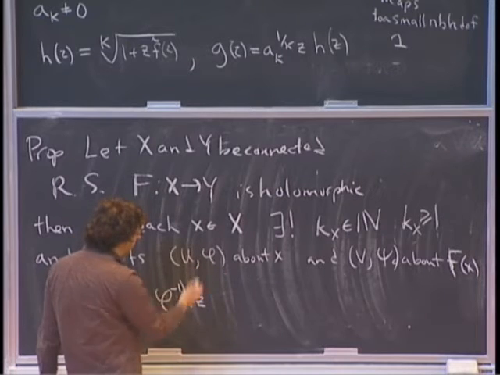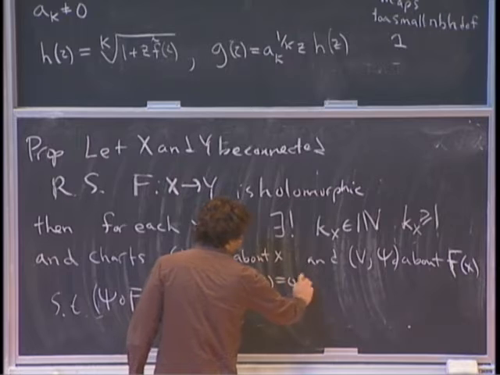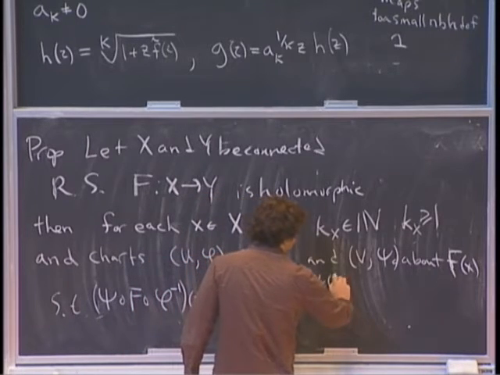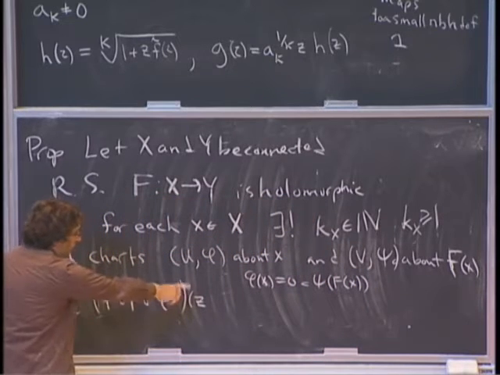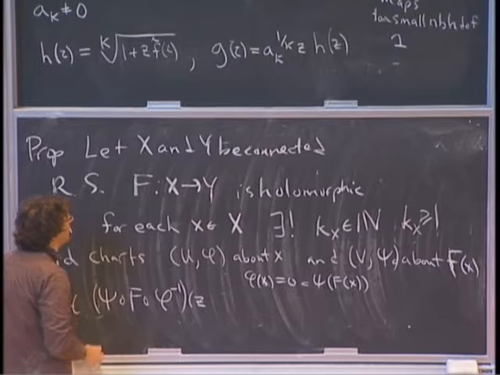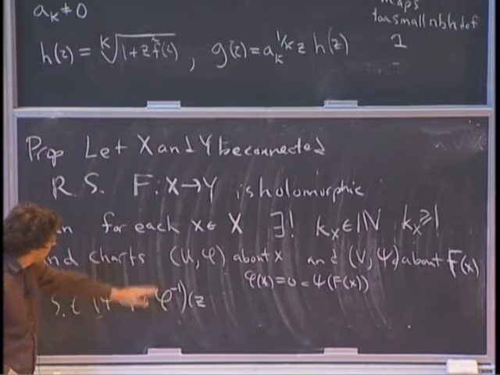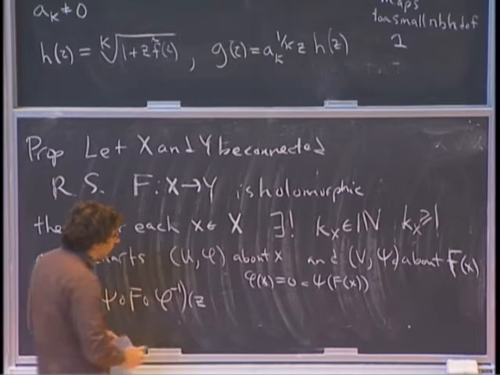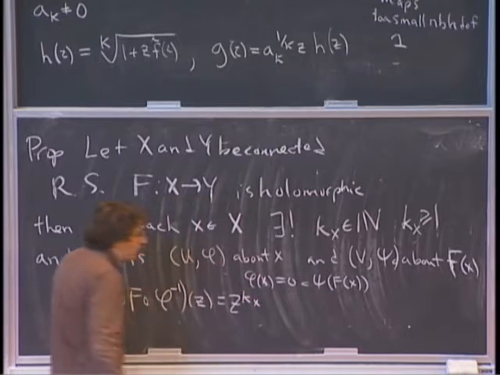Let's assume phi of x is equal to 0. Right, so they're nice charts. So this is supposed to map 0 to 0, and essentially just applying this theorem to this, we see that we can change charts so that in fact this has the following standard form, which is that it's z to the k_x. Okay.